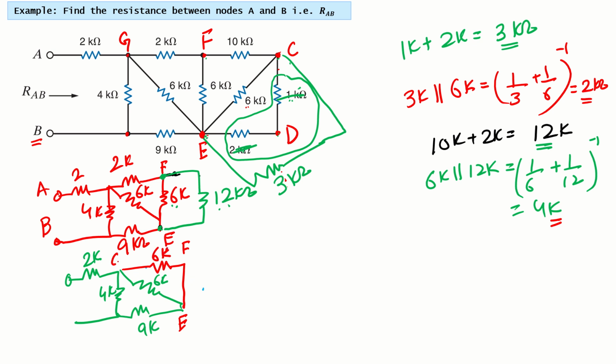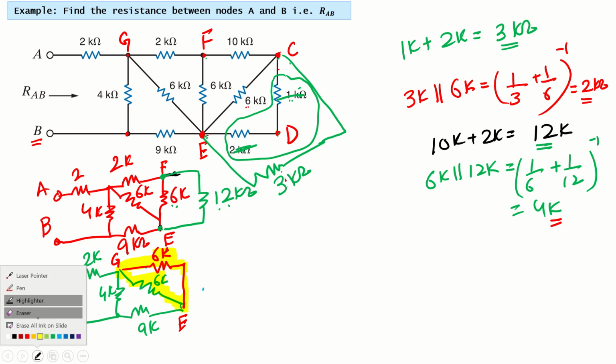This was our point F, and this is G. F is gone now because we have simplified that, and this is connected to E. Now if you look at this circuit, this 6 kilo is connected between G and E, and there is another 6 kilo resistor also connected between the two nodes G and E. So 6K and 6K are in parallel.